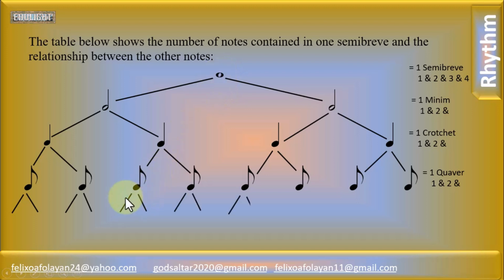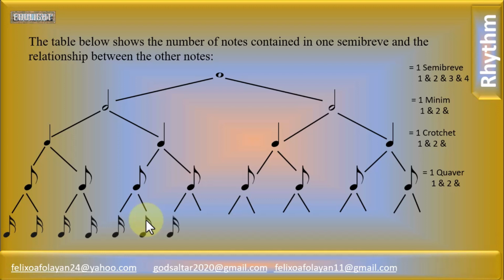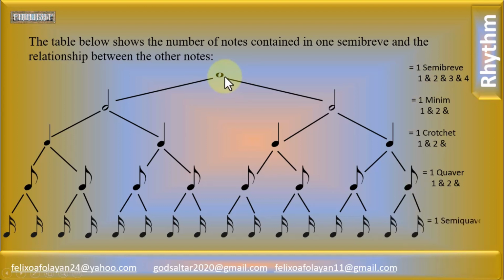So on and on like that, as we begin to write down the semiquaver, we begin to go down like that. So that is how we can see the duration of this could be this.